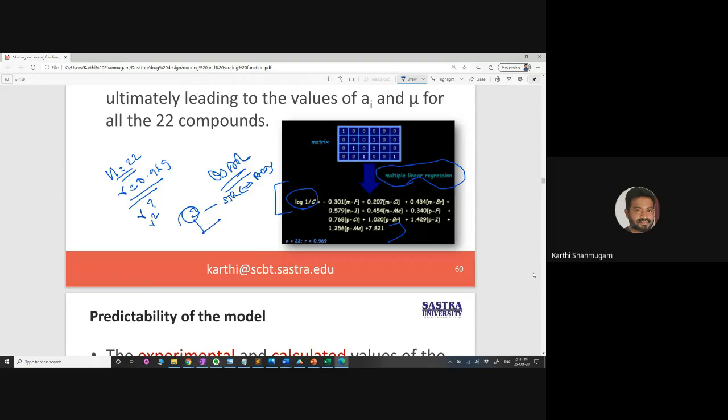The second application of QSAR is lead optimization. This example is a very good example for understanding lead optimization. The third is that even prior to synthesizing the compound, we can calculate the expected biological activity of the new compound. So these are the three ways by which we can make use of this QSAR equation, right?